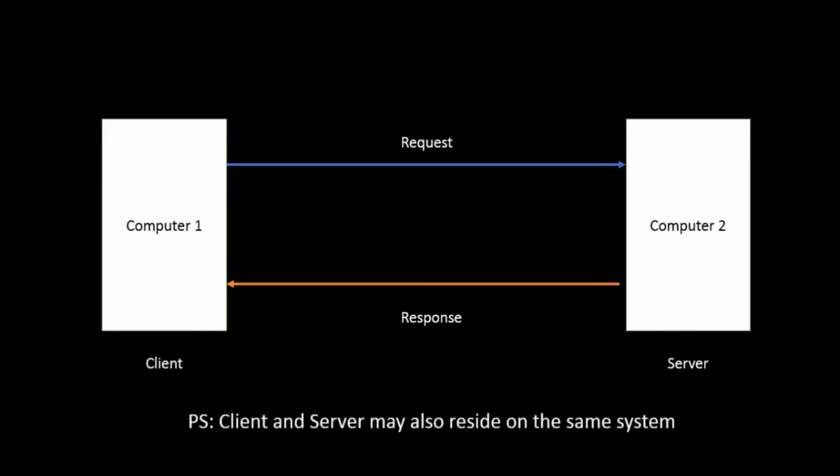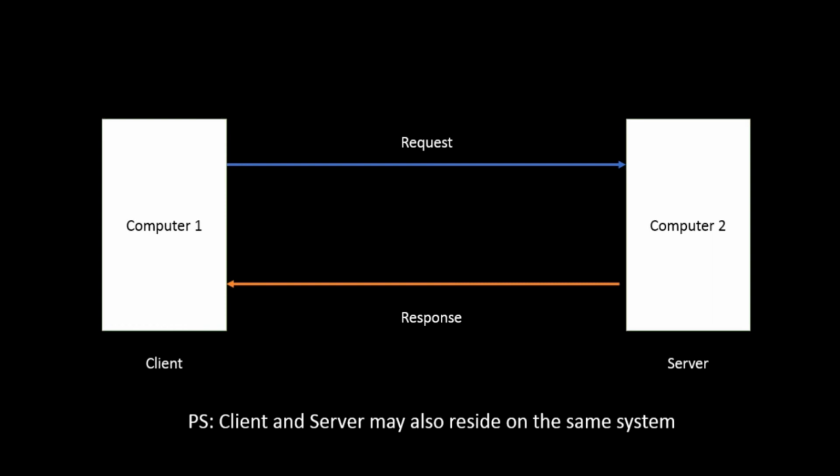And by the way, both the client and the server can reside on the same machine, because client and server are essentially two processes communicating with one another. So when you type google.com in your browser, which is an application, it sends a request to Google's server.